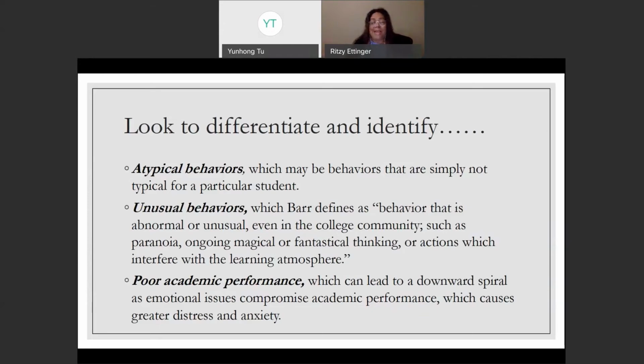For anybody, and this could include paranoia, ongoing magical or fantastical thinking, or actions which interfere in the learning atmosphere. This is a student that might, well, we'll discuss a little more what they might do, and then there's poor academic performance. These are three completely different things, right? So maybe the student is doing well, and let's go to the next slide and we'll go into more specifics.